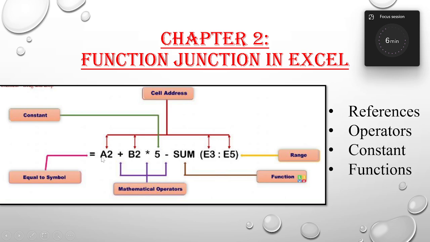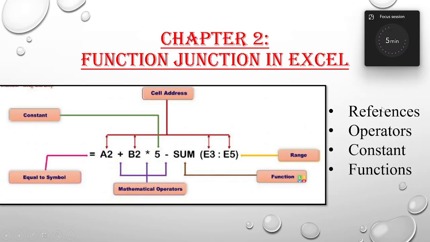Column. 2 is what? Row. A2 is pointing to some cell. Next, B2. B is a column. 2 is a row. So B2 is referring to a particular cell. Now, these are called cell addresses or references.